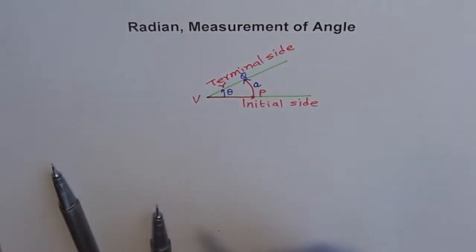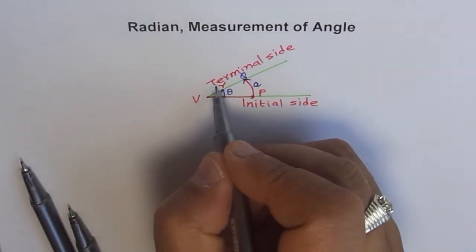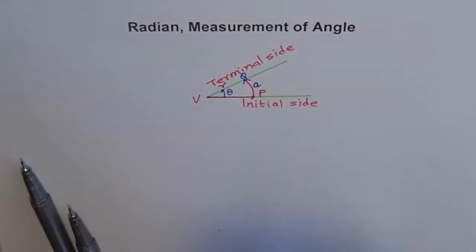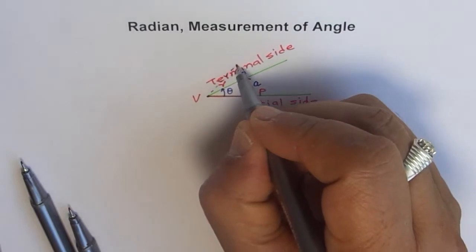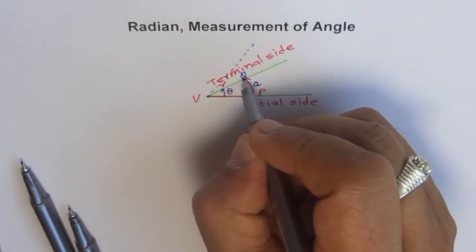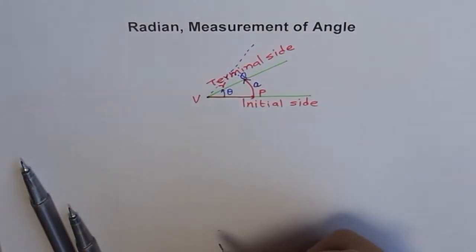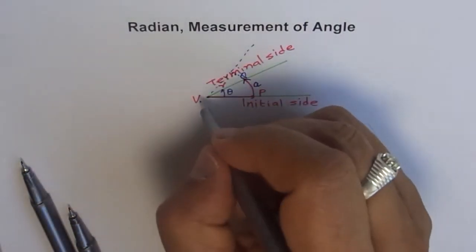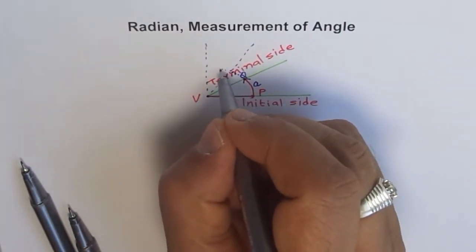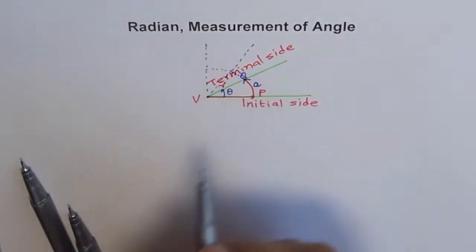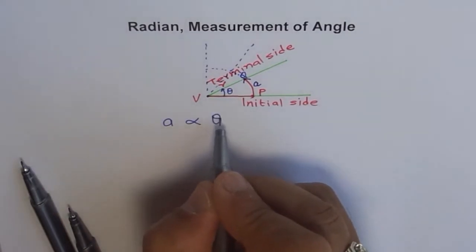Now, let us say that if we increase theta, let's say we go further on and move from this position to a position like this. So what happens? As theta increases, the arc length also increases, correct? If we increase it more, let's say like this, the arc length increases further. So what we see is that arc A is proportional to angle theta.